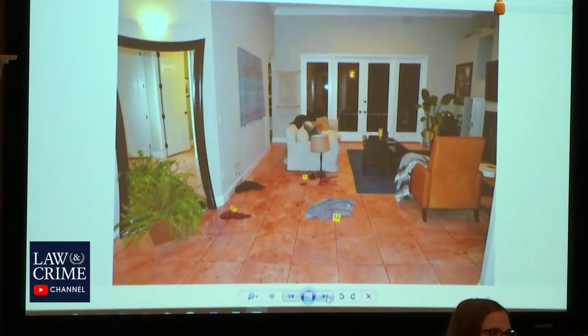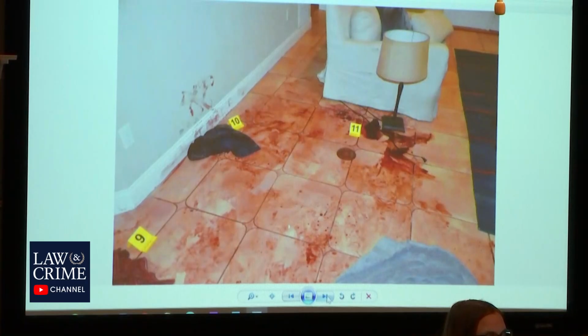Okay. Now have we arrived at the point where you've put markers down and you're now documenting the scene with these markers in place? That is correct. And is it at this point that certain processing will begin to take place once these photographs are complete? That is correct. Okay. And we see here you going back and rephotographing these areas of interest next to these markers.